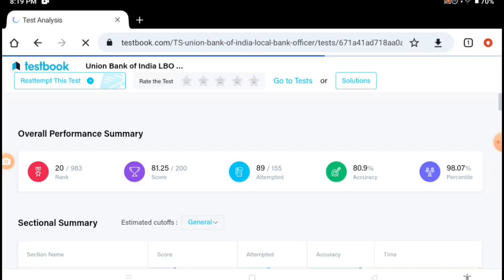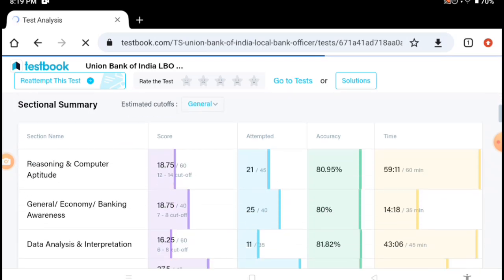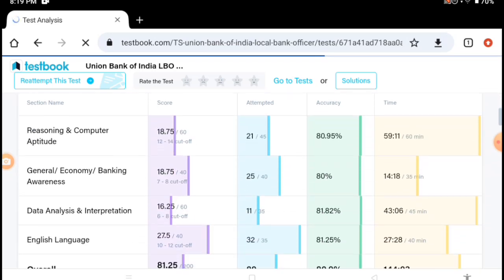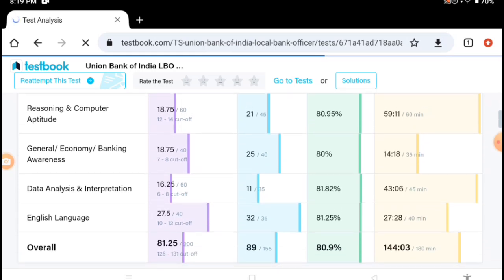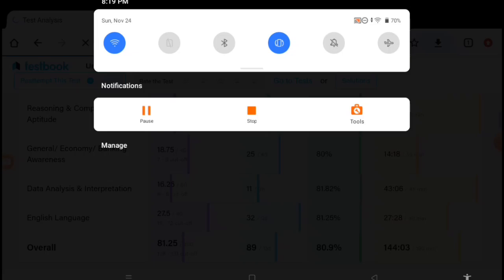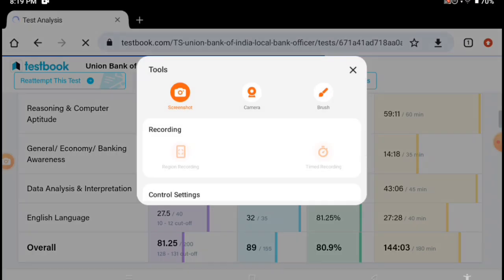So this is my score. Overall I attempted 89 questions and I got 81.25, accuracy 80.9 and percentile 98.07. So let's see the analysis of this mock test.